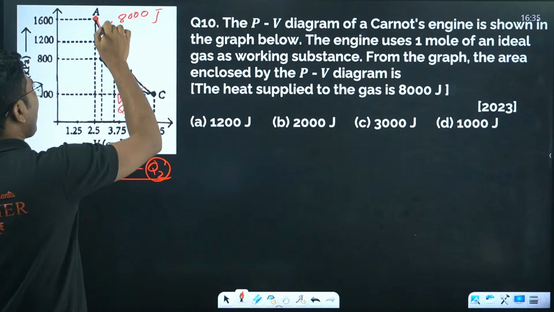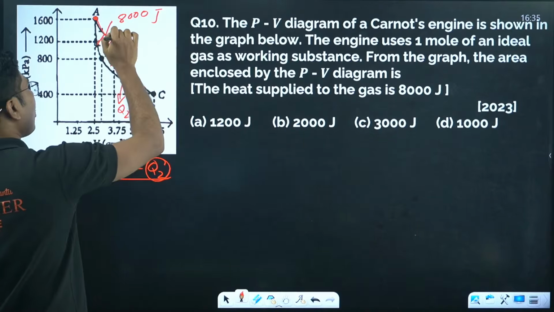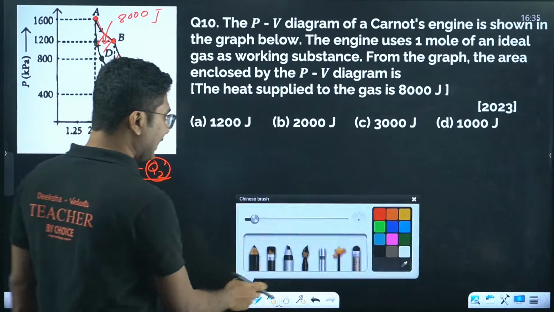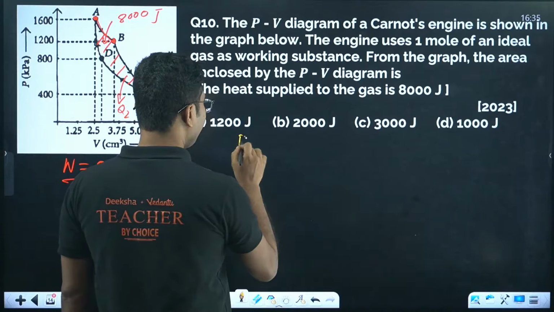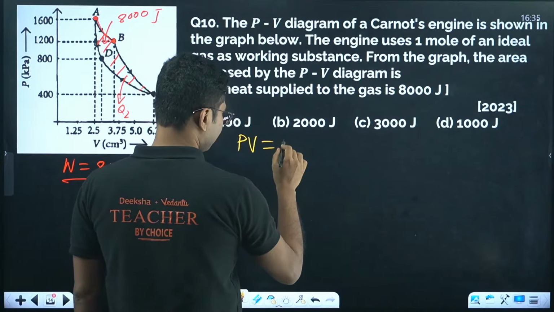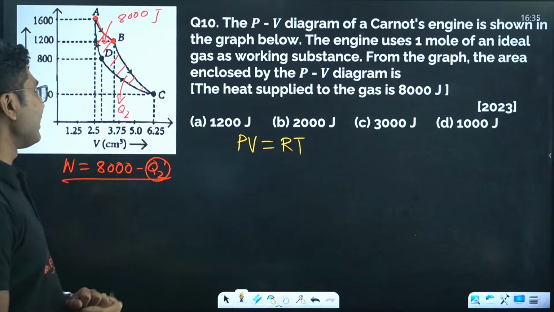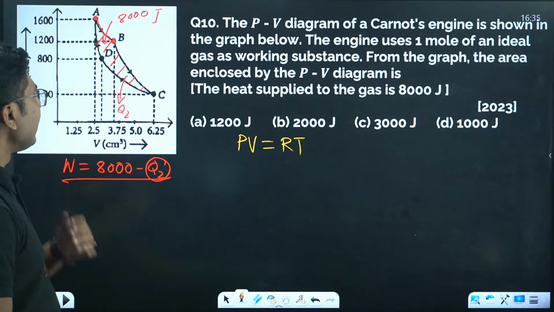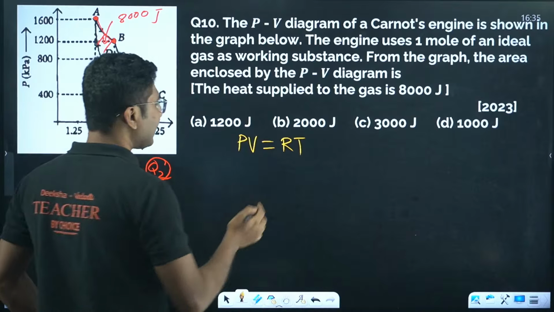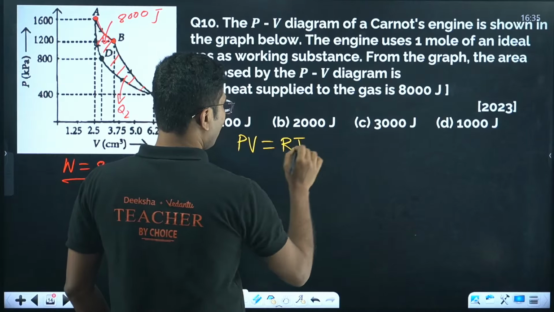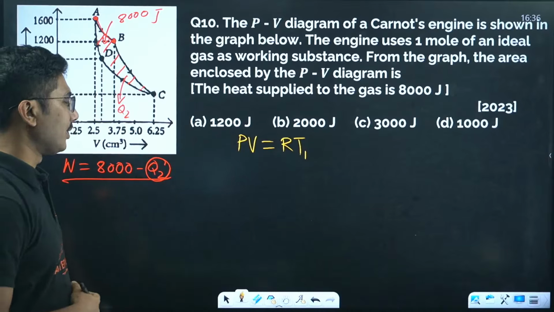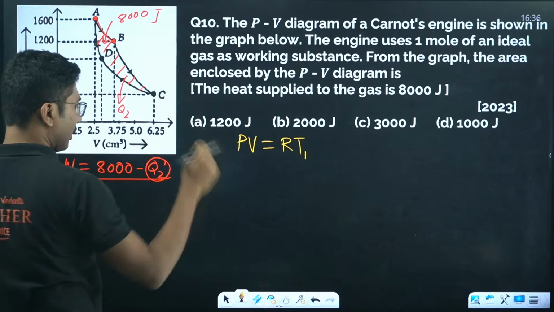That means any point we can take, we can either take point A or point B, and we apply the ideal gas equation, which is PV equals RT. For 1 mole gas, PV equals RT, and we can calculate the temperature T1. This is the hot temperature.